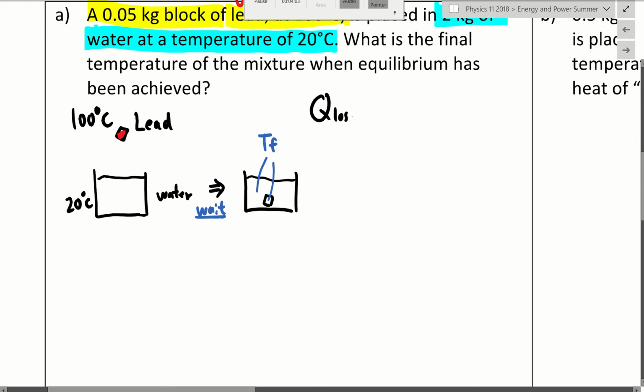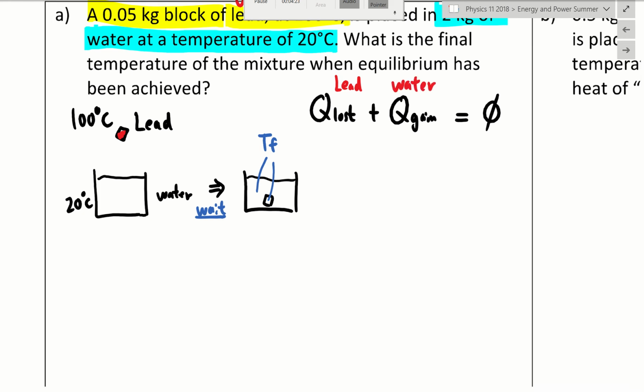So we're going to use that concept that we just talked about earlier. The heat energy lost from one object should be equal to the heat energy gained by the other. So remember, the first one is heat energy loss, which is from the lead, right? The lead is losing energy. It's the one that's hotter. And water is gaining that energy, right?